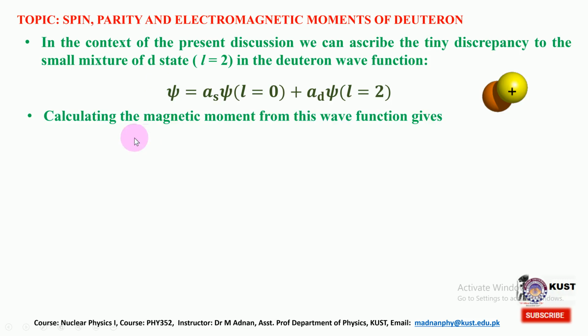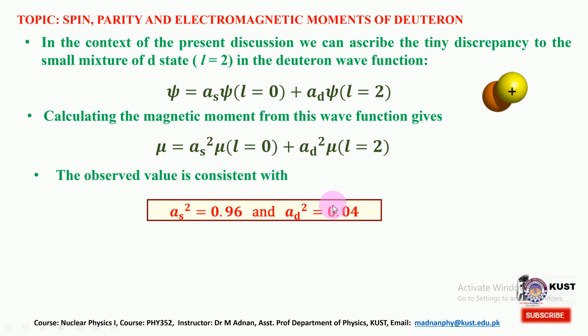So we calculate the magnetic moment of the deuteron from this wave function. Since we are just discussing these aspects, we will not go into the detail, but assume the superposition of the two states. We have two coefficients: 0.96 is due to L equal to 0, and the coefficient A_D squared for the L equal to 2 state is 0.04.